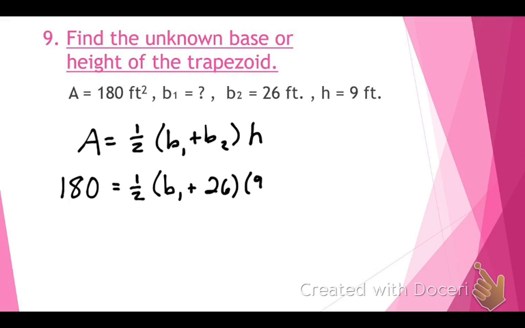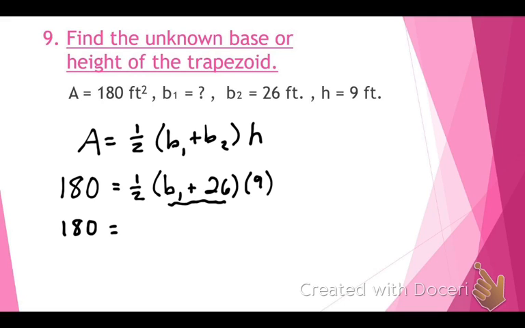Excellent. Okay. Jakari, is there any work I can do to the left of the equal sign? Nope. So I'm just going to bring 180 down. Now I've got to figure out, is there any work I can do on this side, guys? Okay? Why do you think I should do 1/2 and 9 before I do what's inside the parentheses?